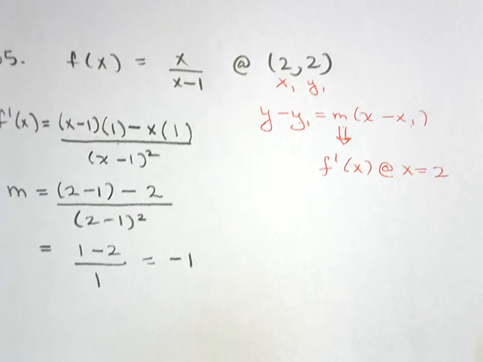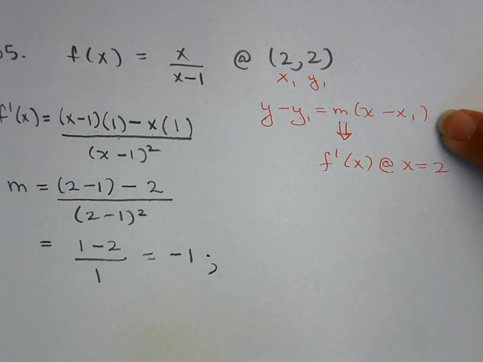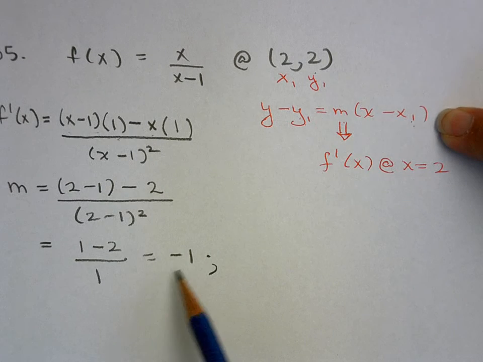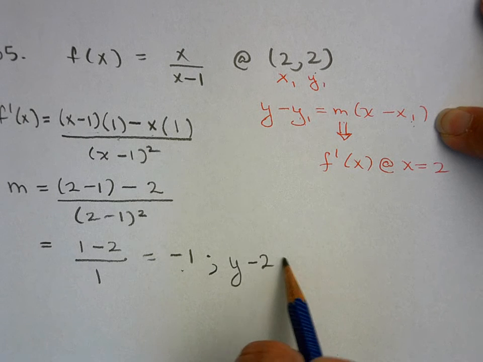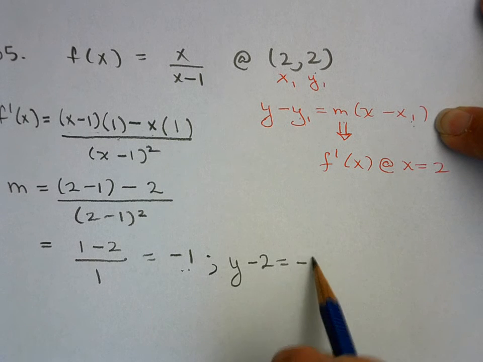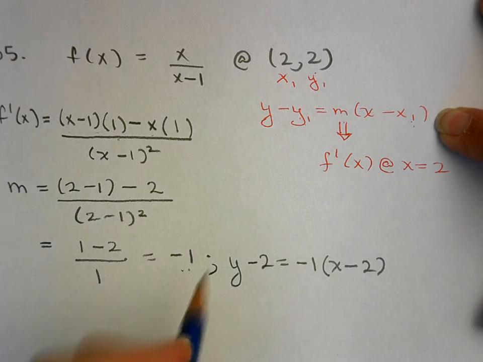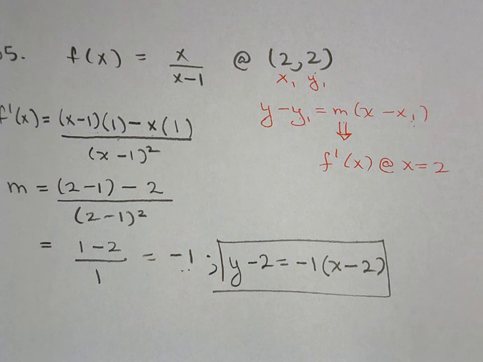So then my equation, now I just need to go to my equation here. And so I'm going to use this right here. And I have my x1 and my y1, and I just found my slope. So y minus y1 equals m times x minus x1. And that would be my equation. Okay? And that's it for this video.